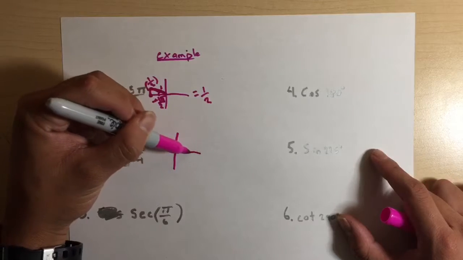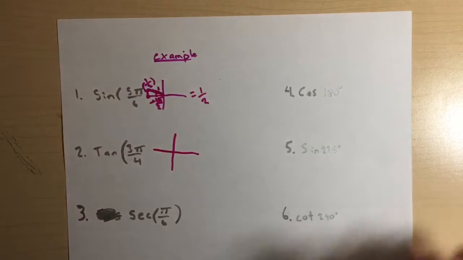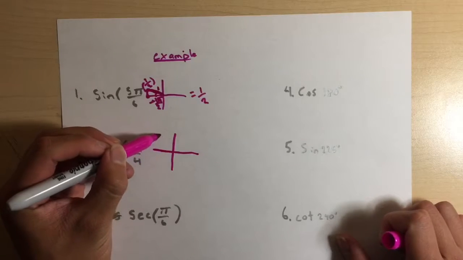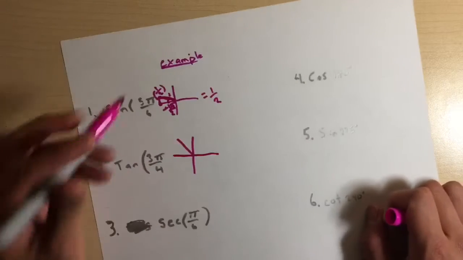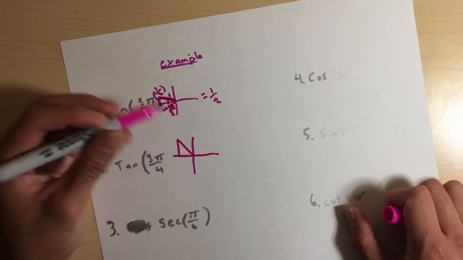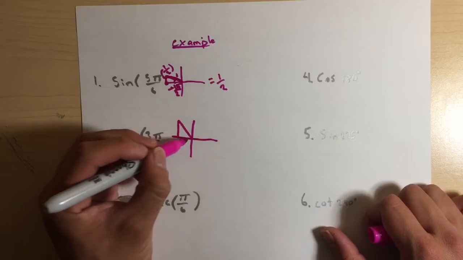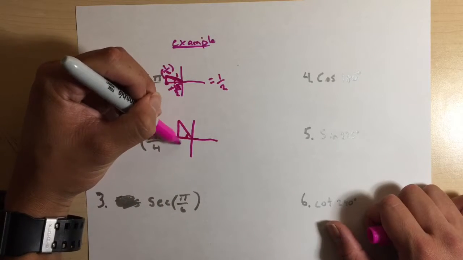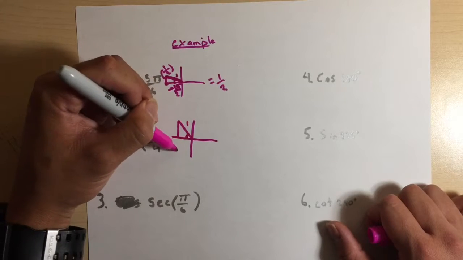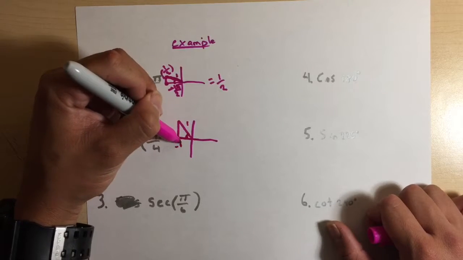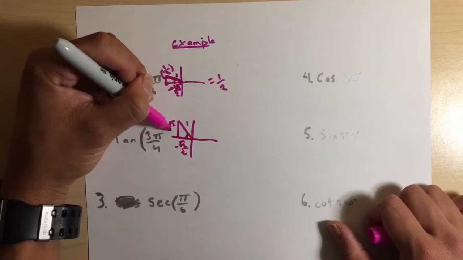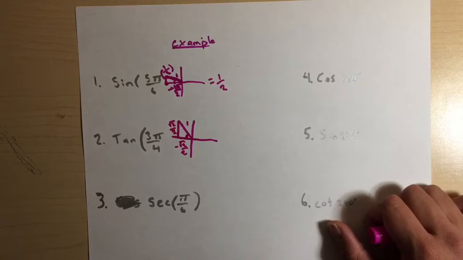For the second one, again I have to find the location of 3 pi over 4, and I know that is right here. So this is theta, and the hypotenuse is 1, this side would equal negative rad 2 over 2, and rad 2 over 2. So we're finding tangent.